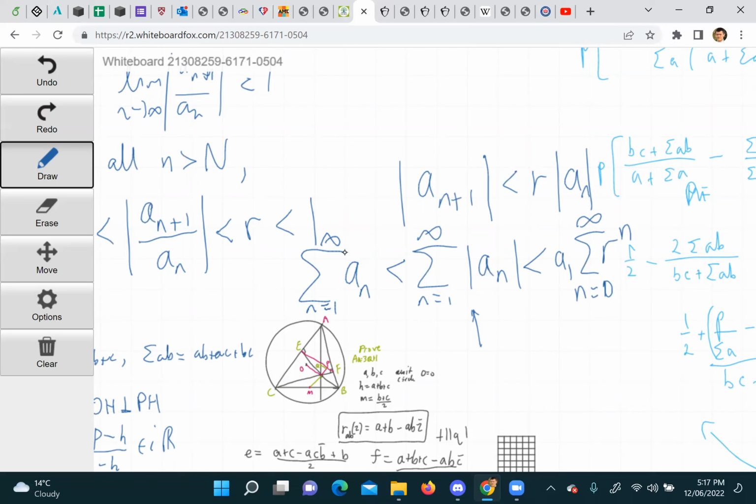There's a famous result: this is called absolute convergence. In general, if something is absolutely convergent, it's convergent. Do you remember a proof of absolute convergence implies convergence off the top of your head?